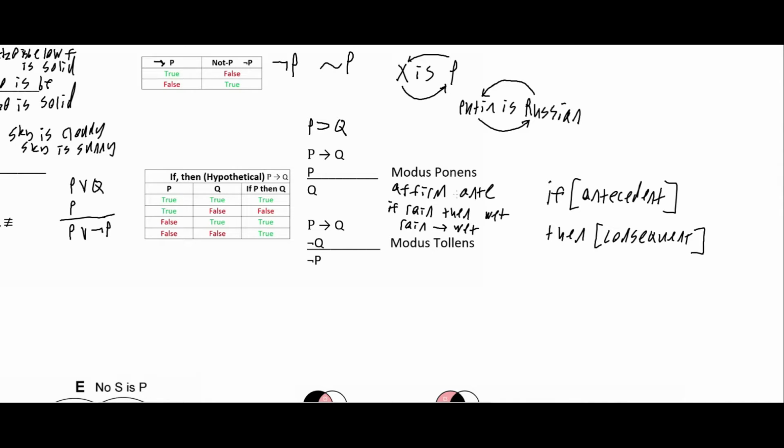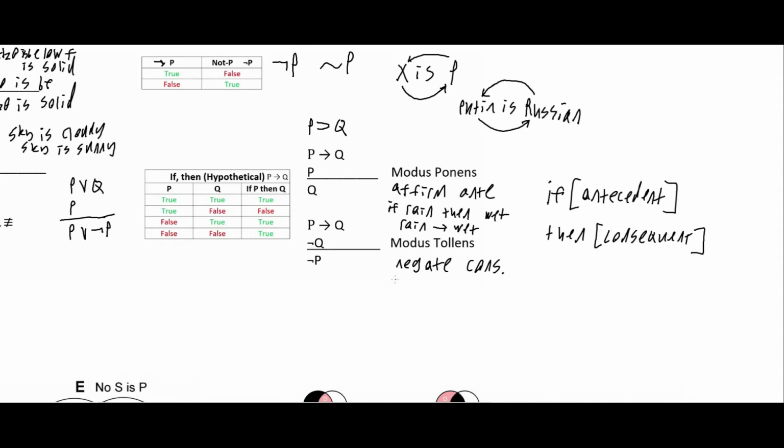But modus tollens is one that I think can trip people up a little bit. This is negate or deny. So we'll say negate or deny the consequent, and I'll just put cons like that.